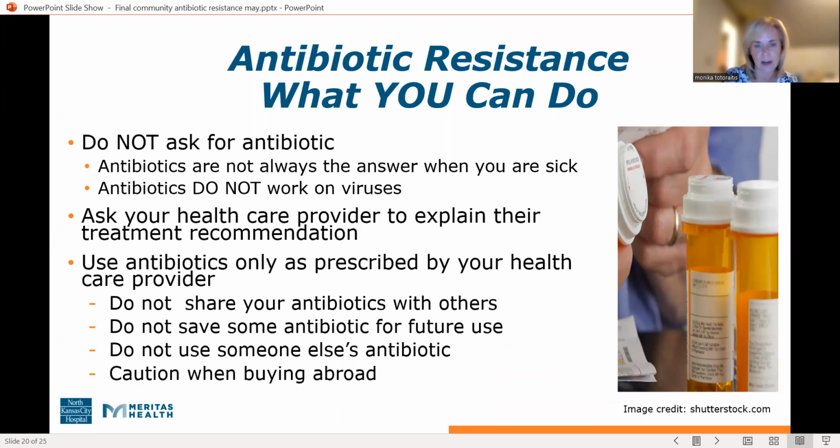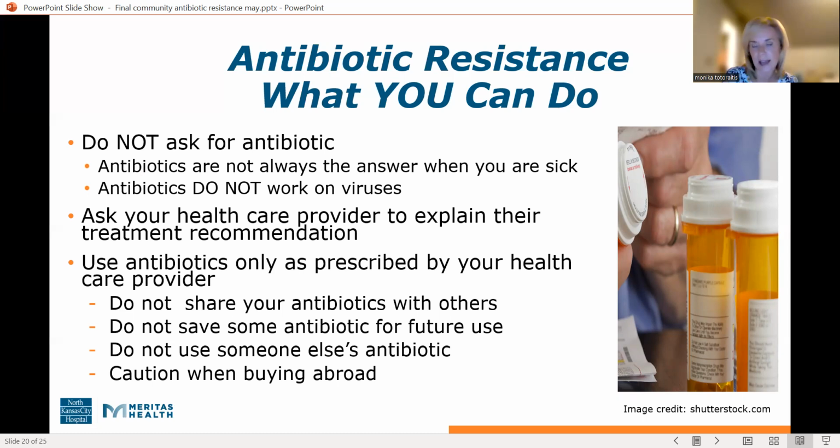Should you receive an antibiotic, please remember some safety tips. Don't share your antibiotics with other people. Their illness may not warrant an antibiotic, or if they do have a bacterial infection, your antibiotic may not be effective for that.